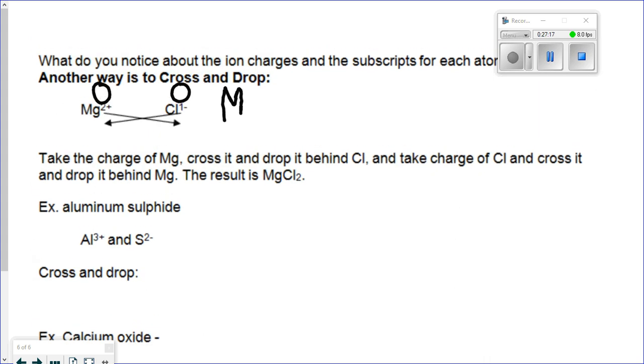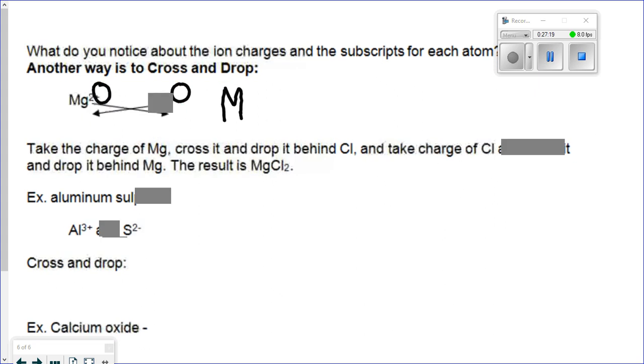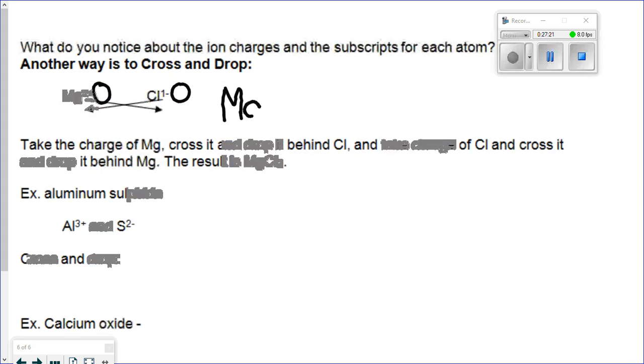So Mg1, I'm not going to write the 1 though, right? I'm taking the 1 charge from chlorine and writing a 1 next to it, and then Cl2. The 2 charge that was next to the magnesium, I'm sliding it over next to the chlorine. So I actually don't usually love that. You should be able to analyze it in your head.